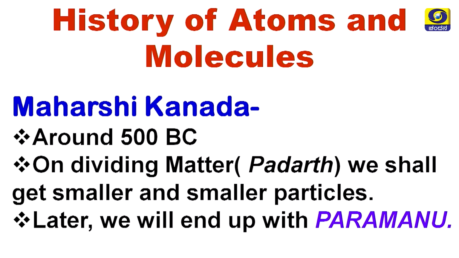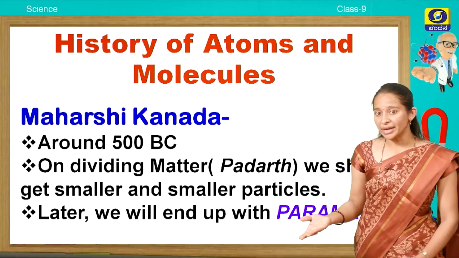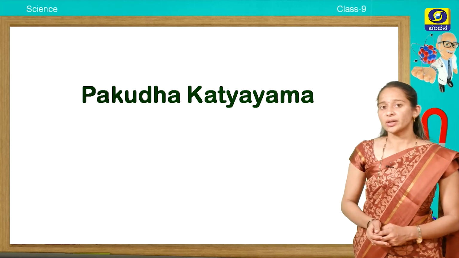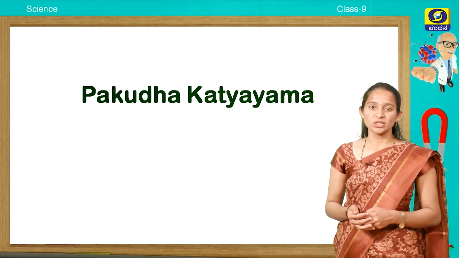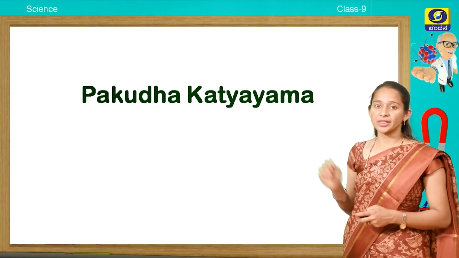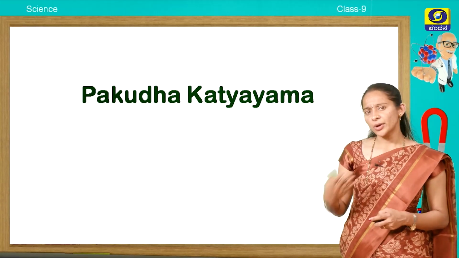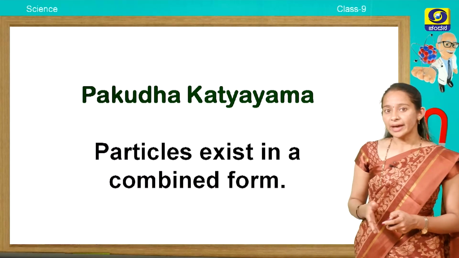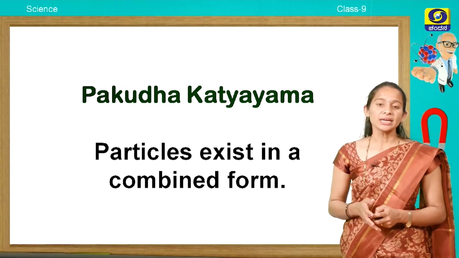Those smaller particles, he said it as paramanu. The smallest particle which cannot be further divided, he said it as paramanu. Later on, another Indian philosopher called as Pakuda Katyayama, he elaborated the doctrine given by Maharshi Kanada, said that particles exist in combined form.